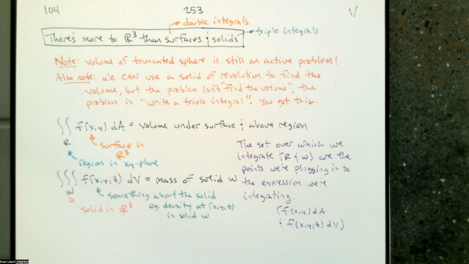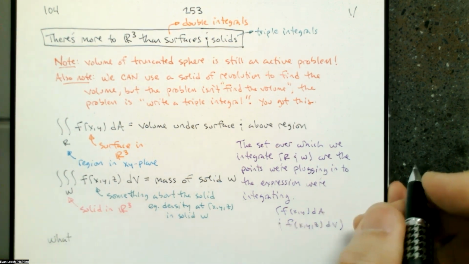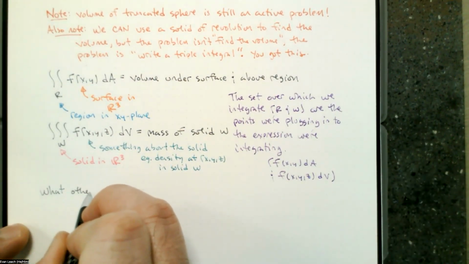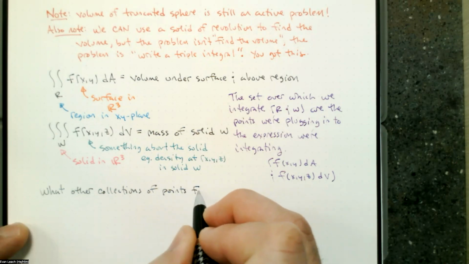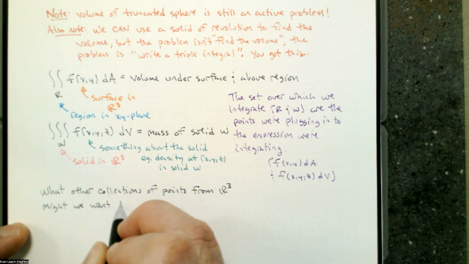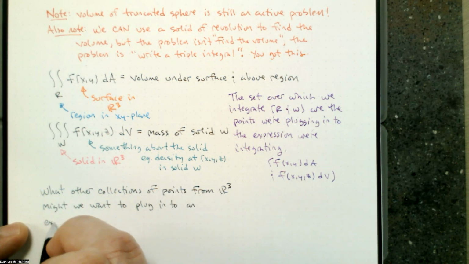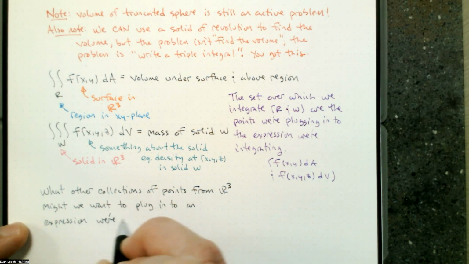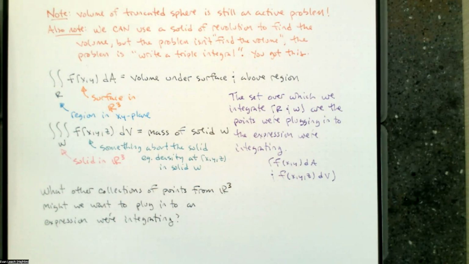So that raises the question, what other collections of points from R3 might we want to plug into an expression that we're integrating?